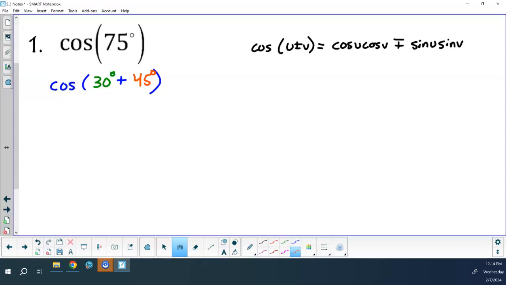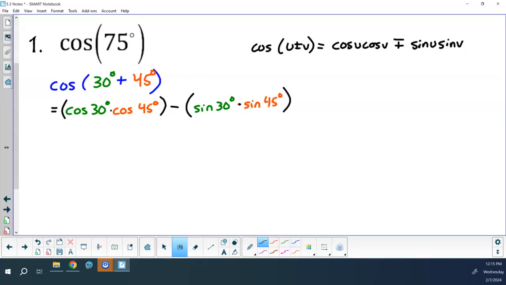So this would be then the cosine of 30 degrees times the cosine of 45 degrees minus the sine of 30 degrees times the sine of 45 degrees. Agree?